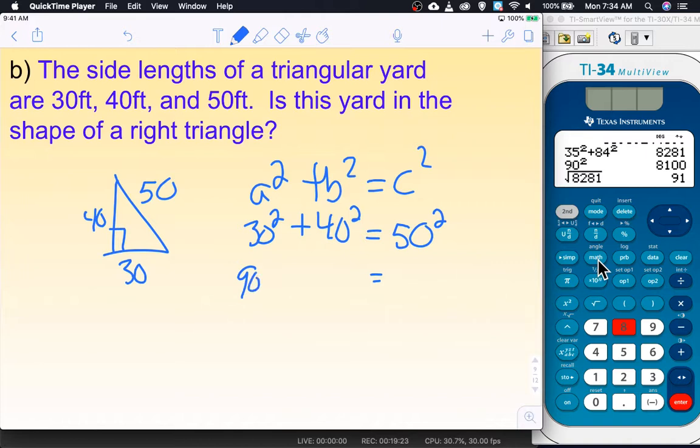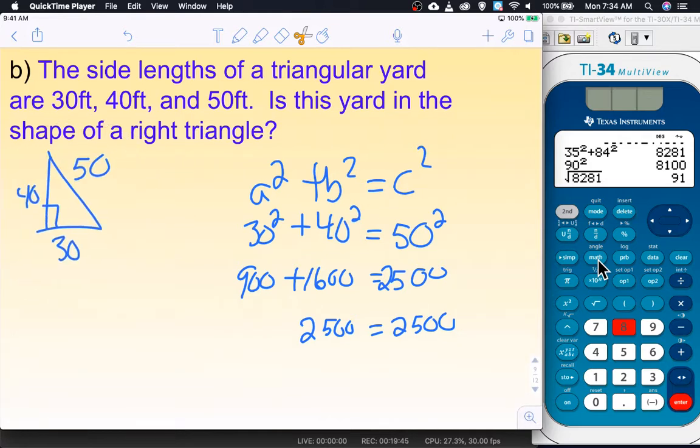That's 900 plus 1,600 equals 2,500. And I know that this math is going to work out. That's 2,500 and 2,500. I knew that because when you are familiar with right triangles and the Pythagorean Theorem, you've done a bunch of these, you're going to start seeing patterns a lot.